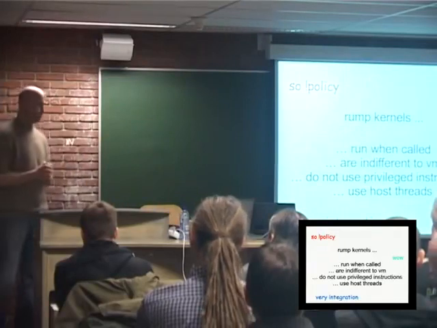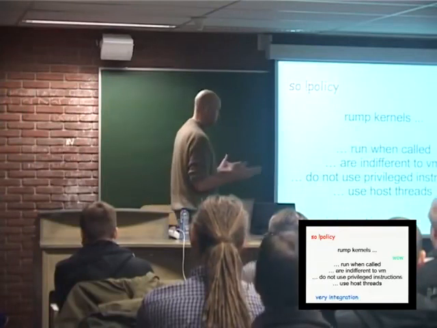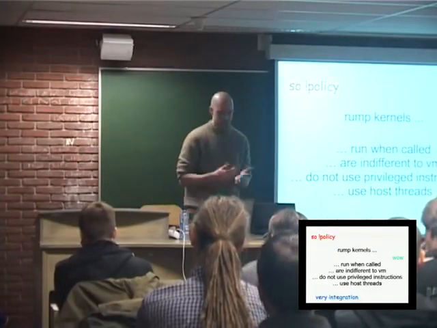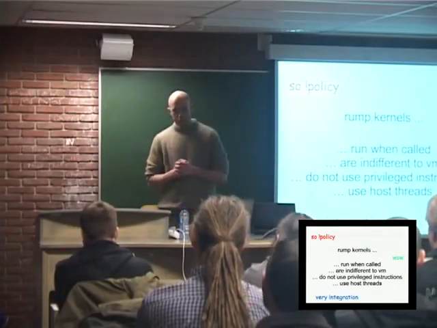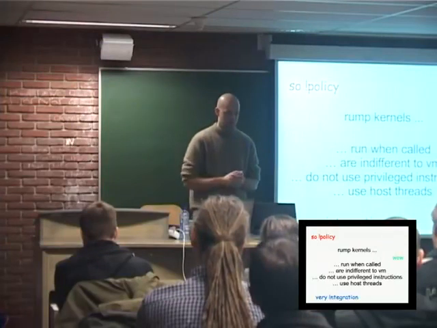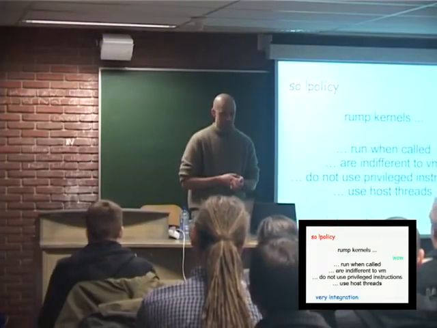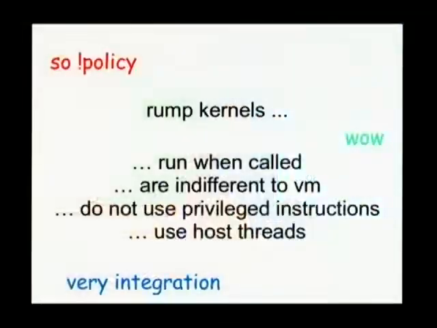You don't need privileged instructions, which means you don't need privileged mode, you can run it anywhere. And of course the use of host threads, so you can easily control the scheduling policies. So there's no added layer of extra confusion.